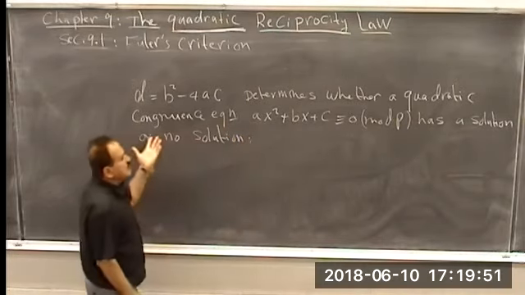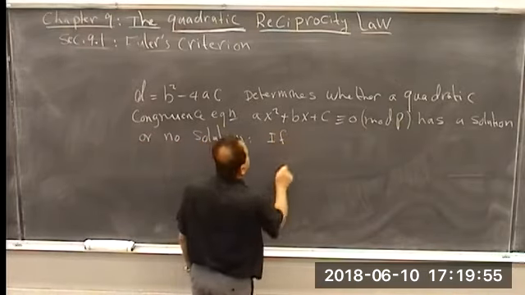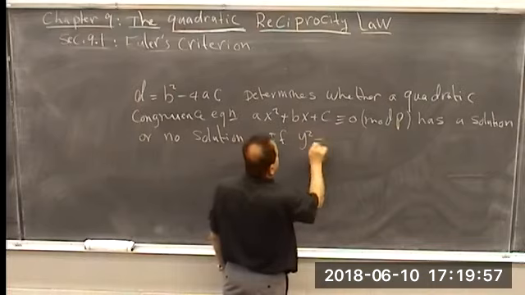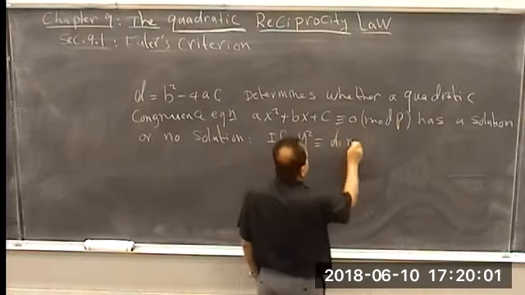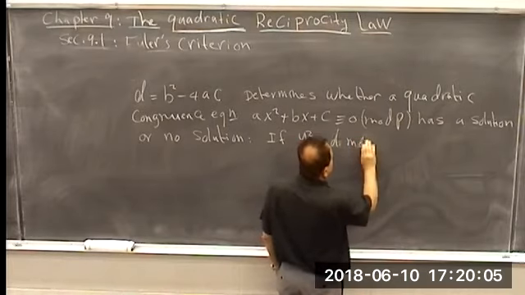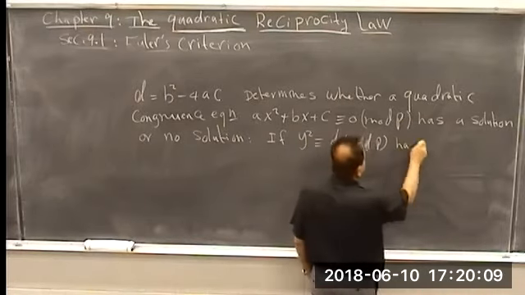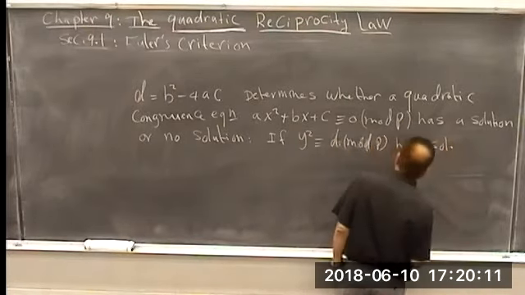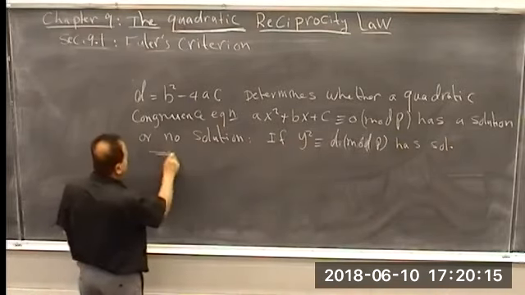And remember, this is what we have shown. If y squared congruent to d mod b has a solution, this implies the original congruence has a solution.